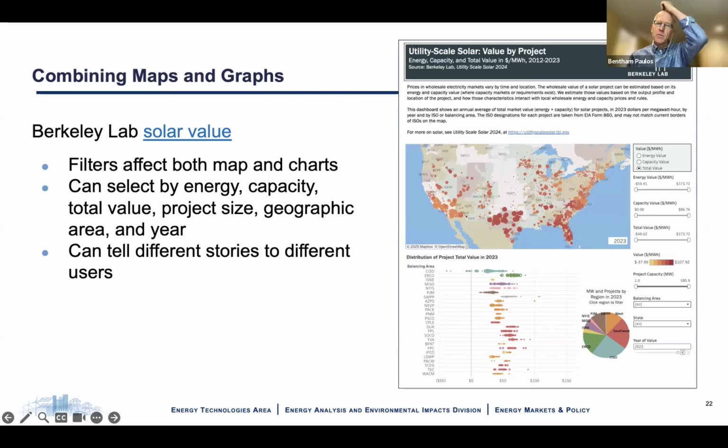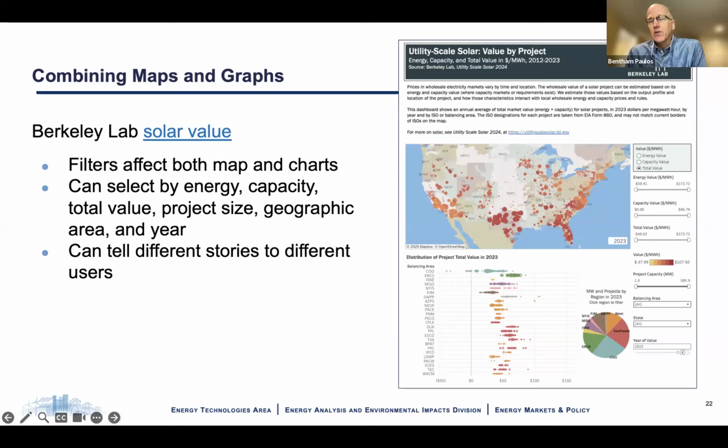So the map shows you exactly where the projects are, but the pie chart shows you the relative volume by region. Down the bottom right is a whole bunch of filters which allow the user to change the parameters for essentially all of the data points, all the data values. They can look at it by balancing area or by state.